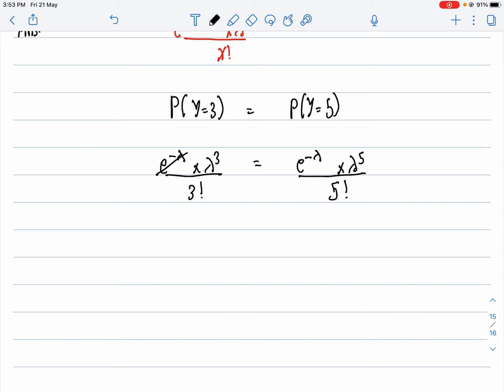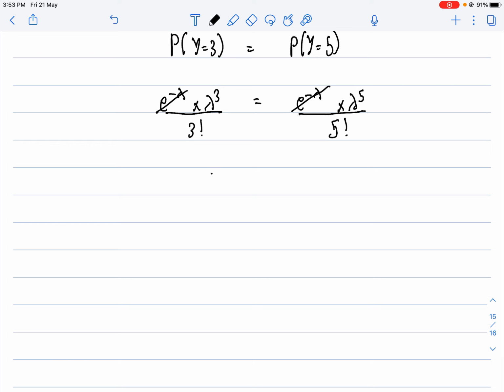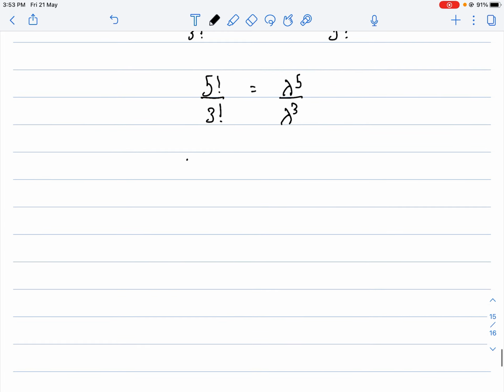Now I can simply cut this off, correct? So now I can write this basically as 5 factorial over 3 factorial equals lambda raised to 5 over lambda raised to 3. Now 5 factorial basically means 5 into 4 into 3 into 2 into 1 over 3 factorial means 3 into 2 into 1, which is equal to, I know this can be written as lambda raised to 5 minus 3.